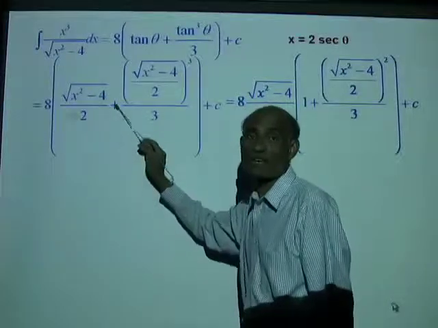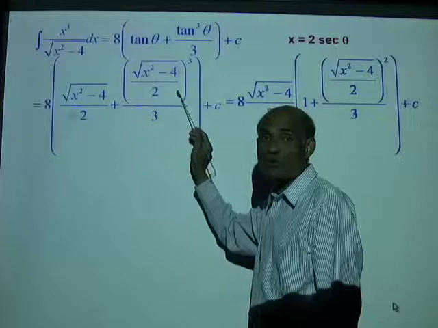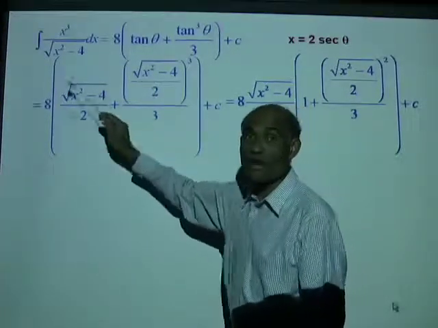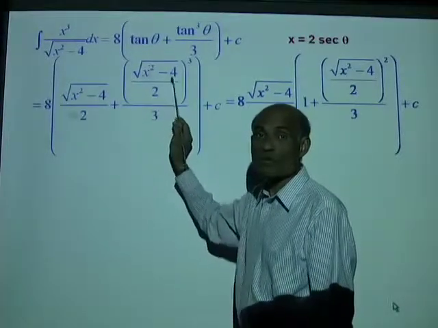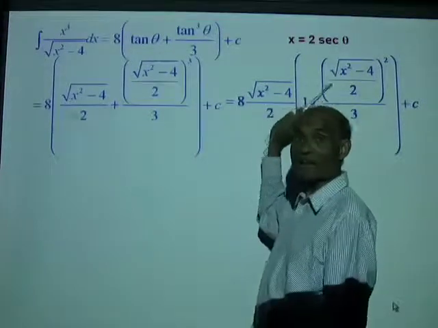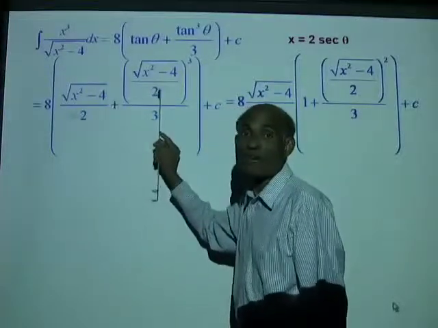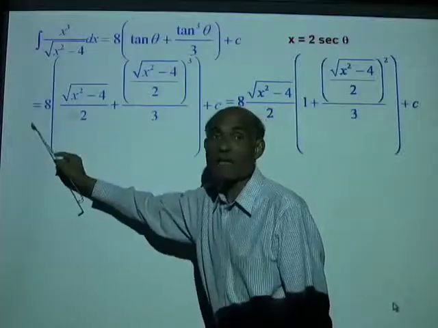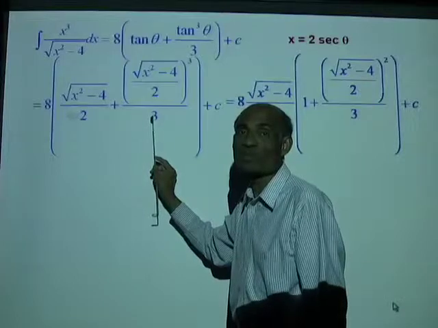There is a square root x squared minus 4 over 2 here, and there is a square root x squared minus 4 over 2 here. When you factor that out, there will be a 1 left here, and a square root x squared minus 4 to the power of 2 will be left there. There you go. This is just like a plus a cube over 3, and you factor out an a, you get 1 plus a squared over 3. That's what is in here.